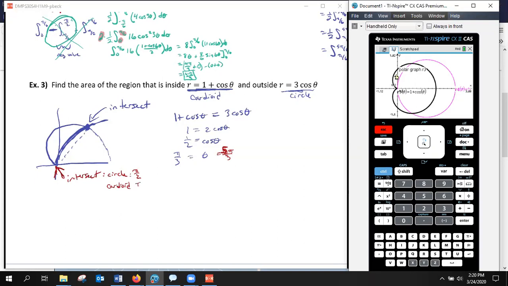Pi. So what this means is we are going to have to set up 2 entirely separate integrals in order for us to figure this one out. So what I'm going to do is, in red, we are going to take the entire cardioid that's going to be graphed right there. So in essence, we are going to take the cardioid which will have this shape.